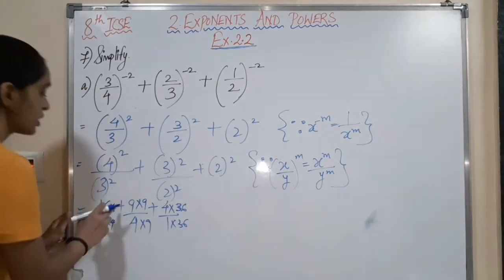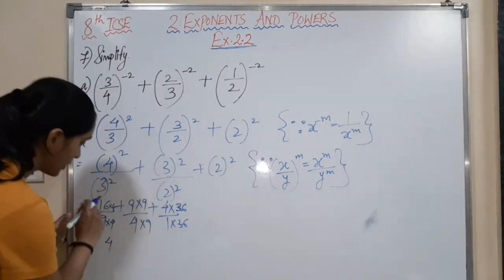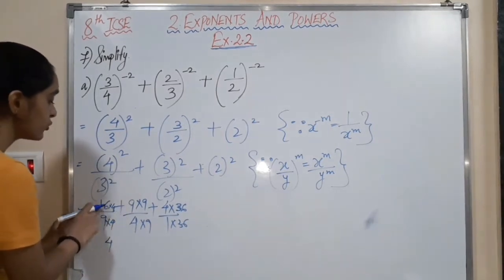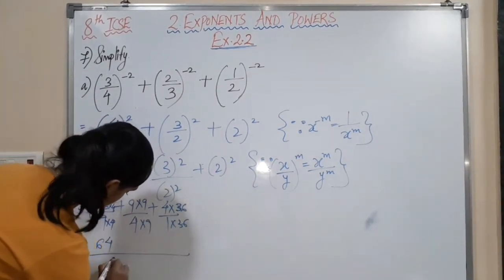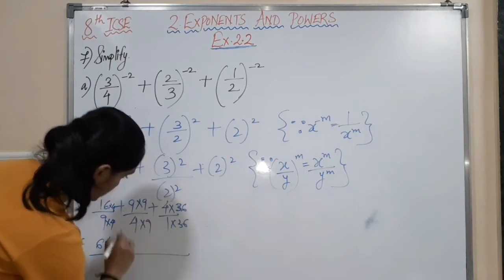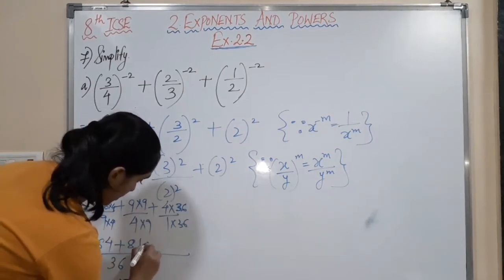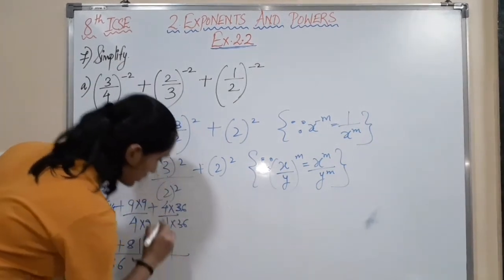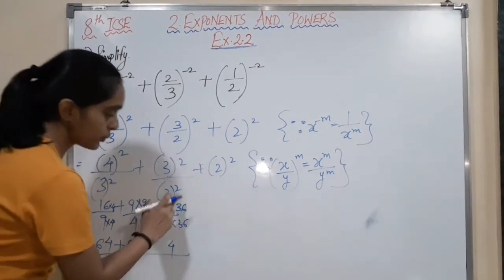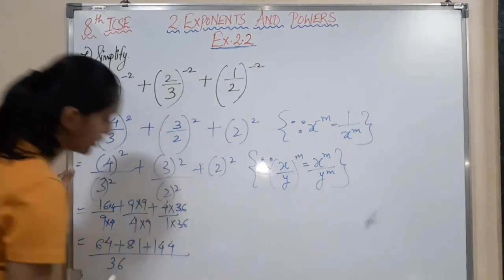So you will get 16 times 4 is 64 upon 36 plus 9 times 9 is 81 plus 36 times 4 is 144.